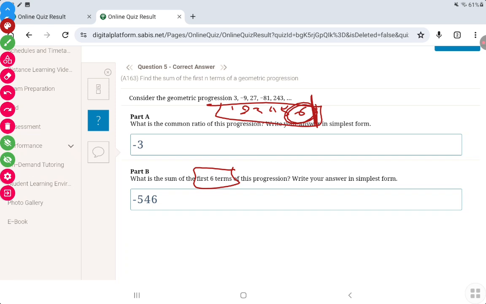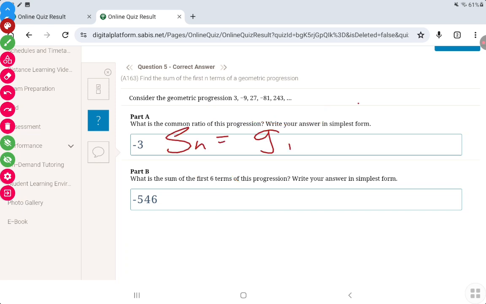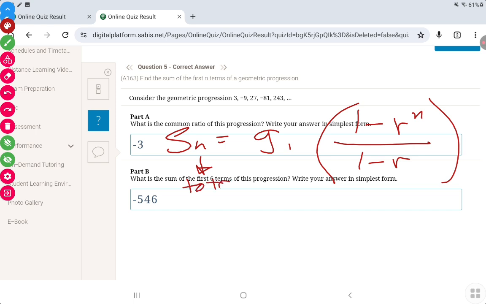The sum of a finite number of items is g1 times (1 minus r to the power of n) over (1 minus r). So n is equal to the total number of terms. Again, don't confuse it with the formula for sum of infinity.